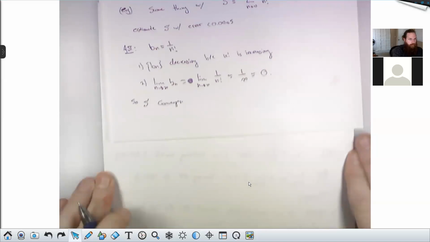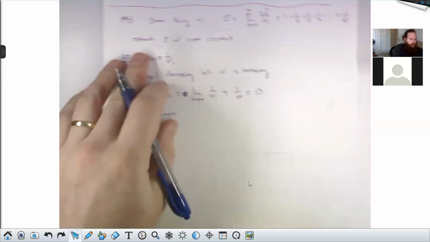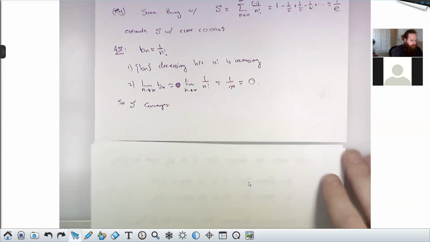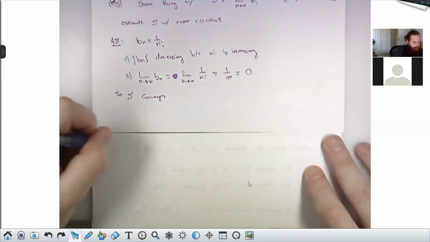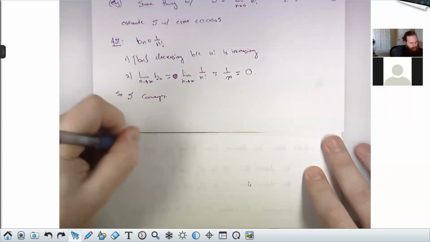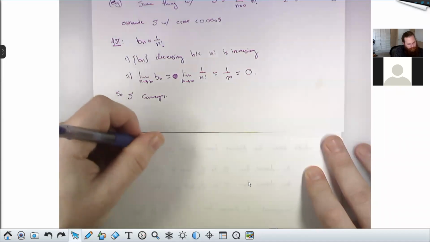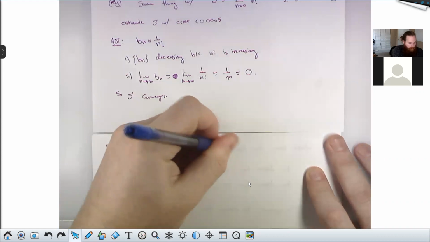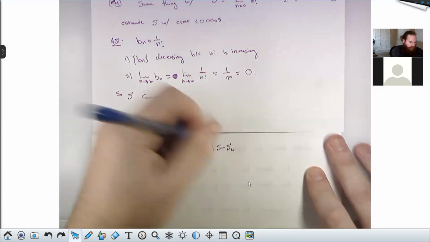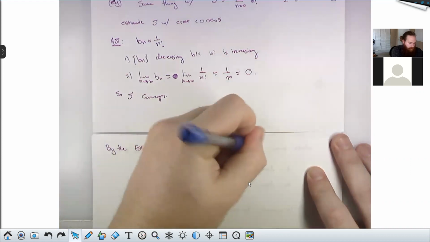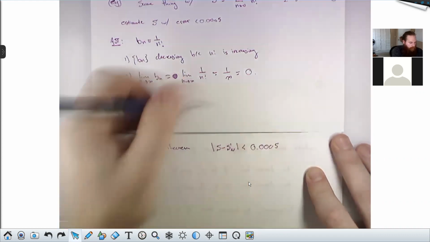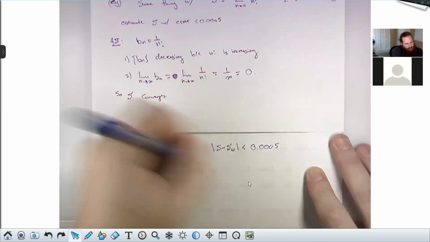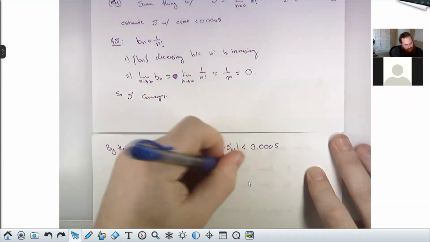Now, if I want to approximate the sum of the series, I use my theorem. By the estimation theorem, S minus Sn will be less than 0.0005, provided Bn plus 1 is less than 0.0005.